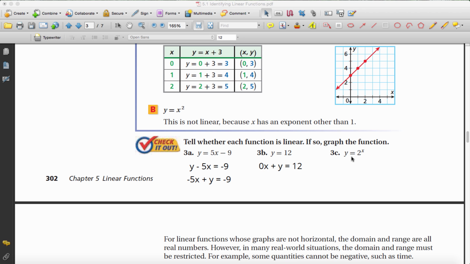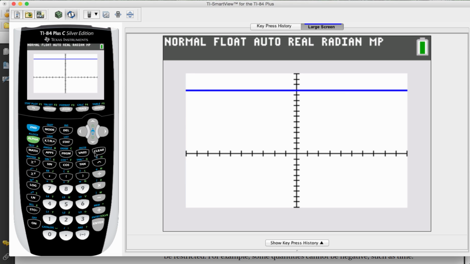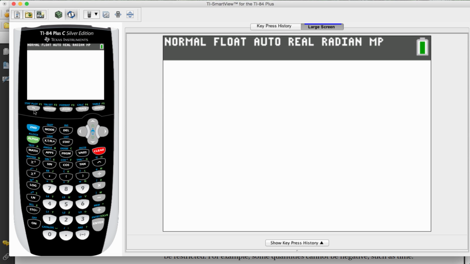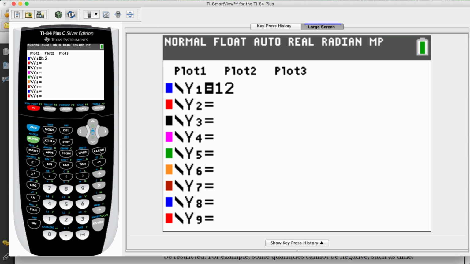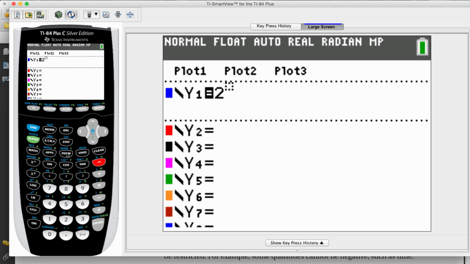Okay, how about the function y equals 2 to the x? This is not linear, and the reason is because x is in the power itself. Let me show you what that would look like. 2 to the x. So I'm going to go back to y equals, clear that out. The number 2 raised to the x power.